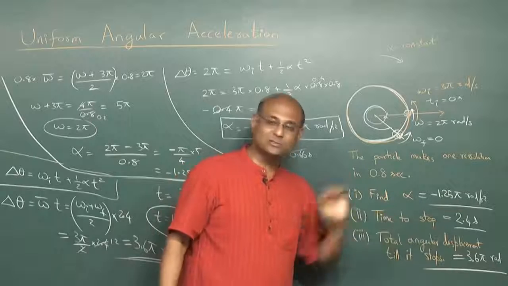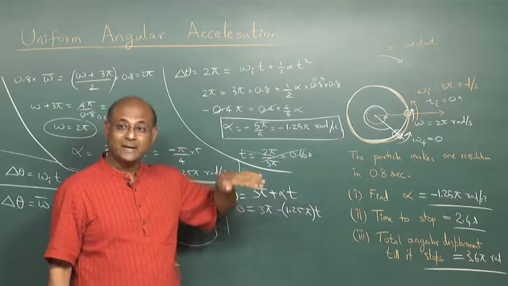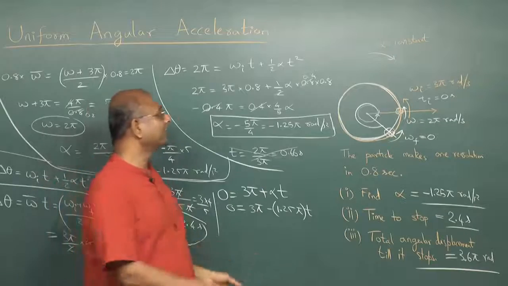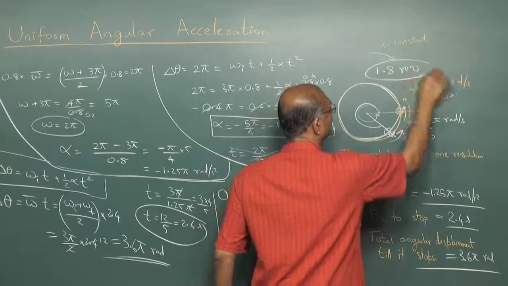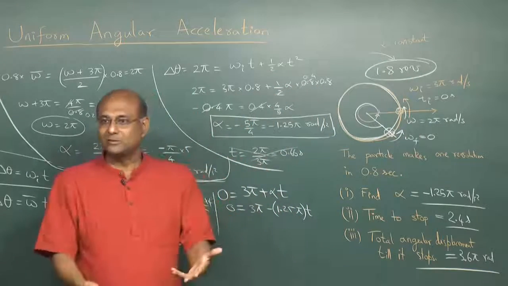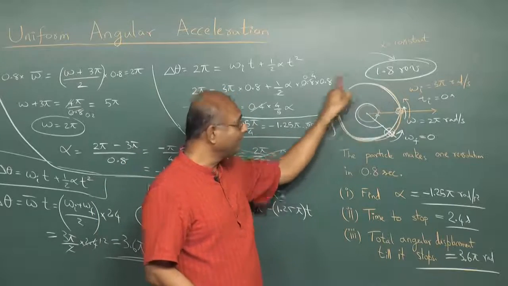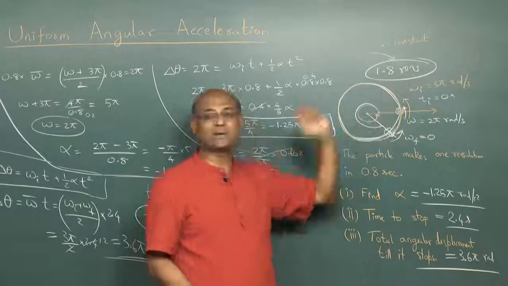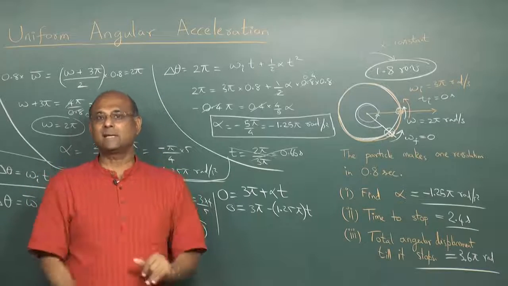No. If I divide this by 2 pi, you see 3.6 divided by 2 is 1.8. So it has made 1.8 revolutions. It did not make 2 revolutions. It was slightly less than 2 revolutions. So it started, went round once, went round the second time, but it stopped before it reached the starting point again, right? So it made slightly less than 2 revolutions.